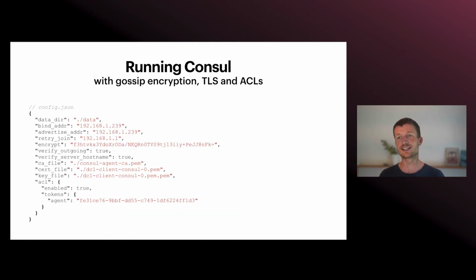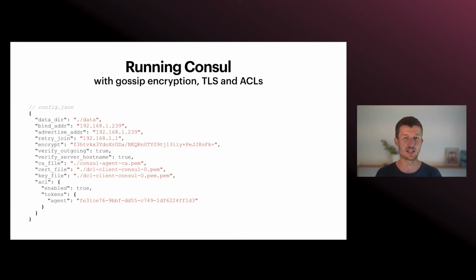Next thing is turning on ACLs. ACL is our access control list implementation, which allows you to restrict access. So for example, you want the agent you are spinning up and registering to only be able to register itself, right? Obviously. You don't want it to be able to register another agent.